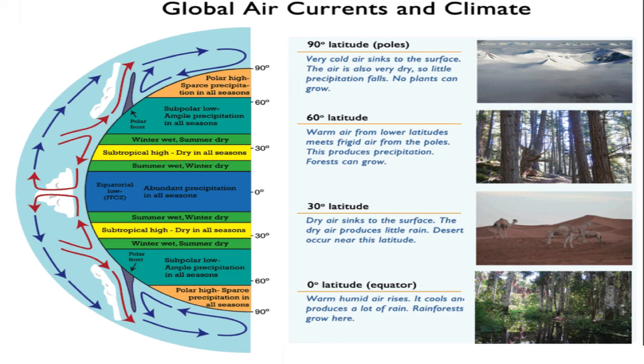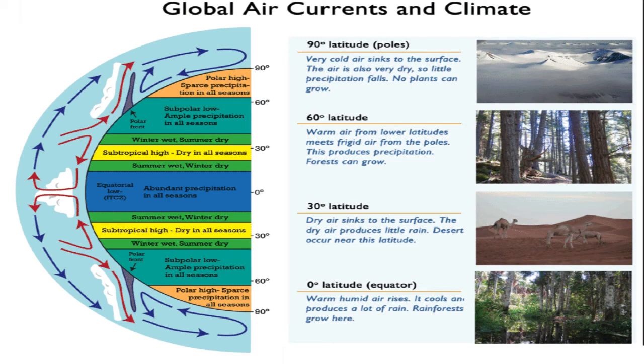Below that, we have the 60-degree latitude. This is our subpolar low. There is lots of precipitation in every season. It has warm air from the lower latitudes that meets the frigid air from the poles, and this produces the precipitation. Here you can have forests, so we get some vegetation.